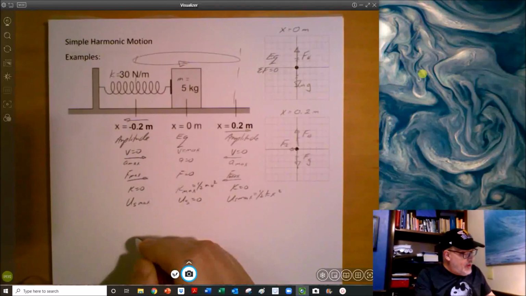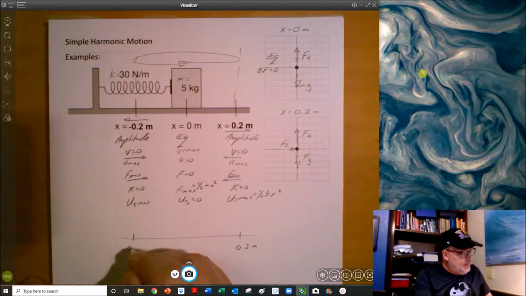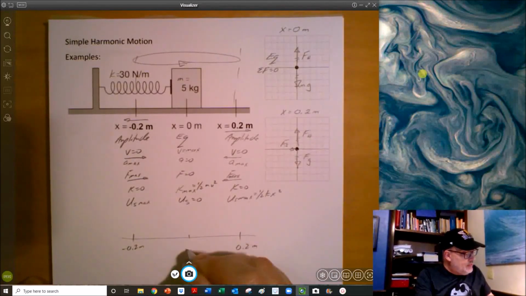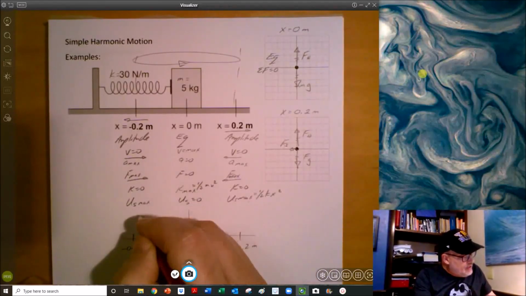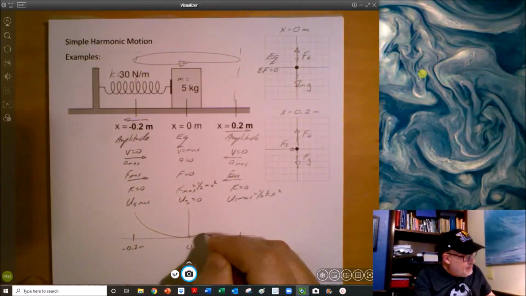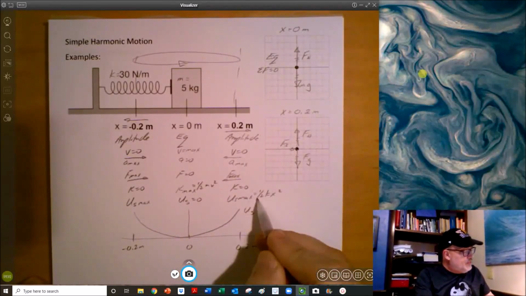So if we were to graph this, say from 0.2 meters to negative 0.2 meters, and here's the equilibrium spot, and we graphed energy, then the potential energy would look like a parabola here. That would be the spring potential, because it's 1/2 kx squared.